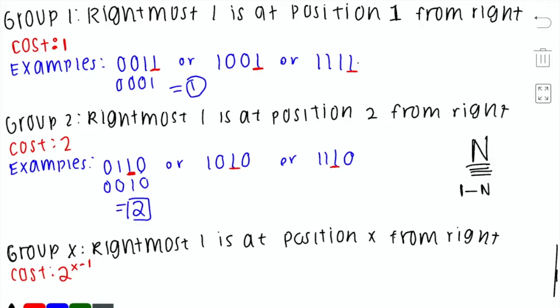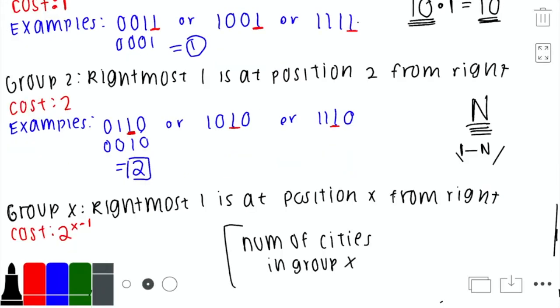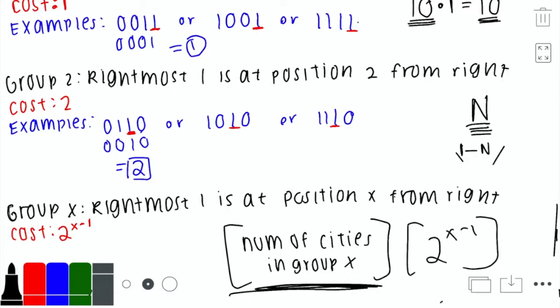So for example, in group 1, if we had 10 numbers, so 10 cities that we would want to connect to city 1, then we can just multiply 10 by 1. So we get the total cost of connecting cities of group 1 to city 1. Same thing with group 2 and all the way up to group X, we would just multiply the number of cities in group X by the cost, which in this case would be 2 to the power of X minus 1. So now we just need to figure out what this is.